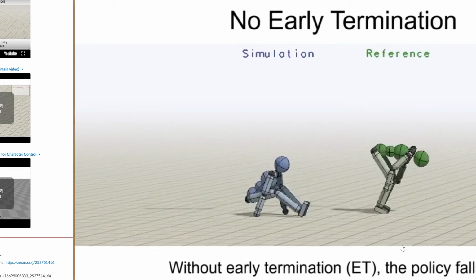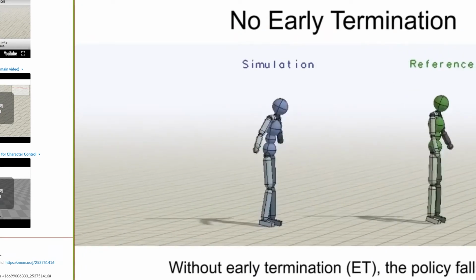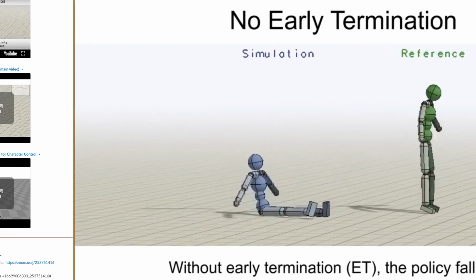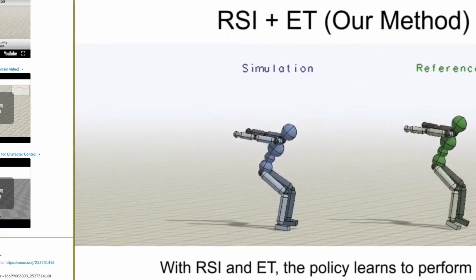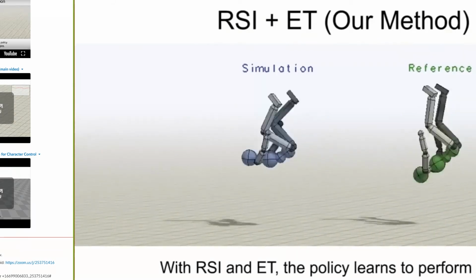So what they developed was essentially a set of safety guidelines. If my head hits the ground or if my hand hits the ground, then stop. Don't bother trying to learn anymore. Just end this episode with a negative reward for that last little bit of it and try again. That's the idea of early termination. When they introduced early termination, they were actually able to successfully train the agent to do the backflip.